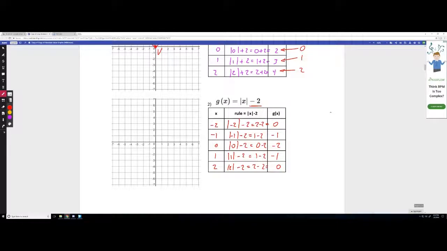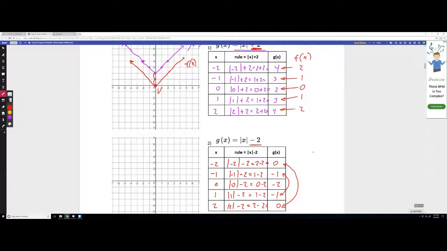Do you guys see the symmetry that occurs on the table? There's actually symmetry here. Even with the outputs on graphs, you can see it in the last examples. 3 with 3, 4 with 4, 1 with 1, 2 with 2, and they all happen over the vertex.